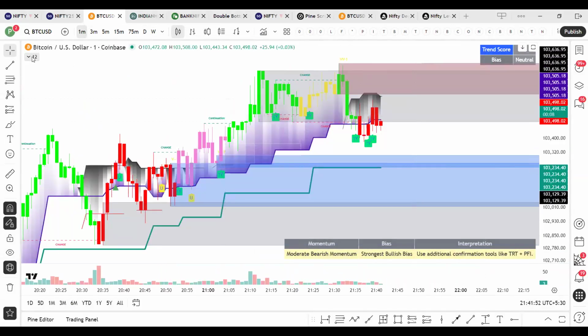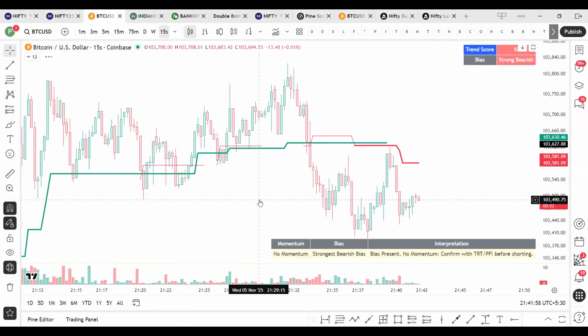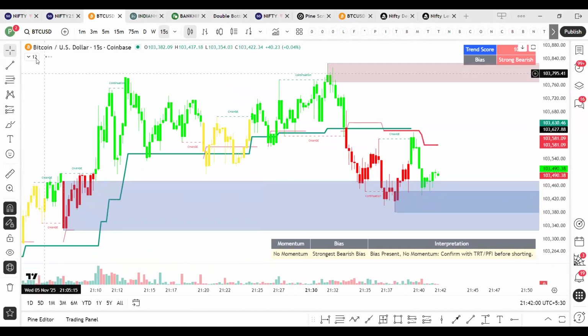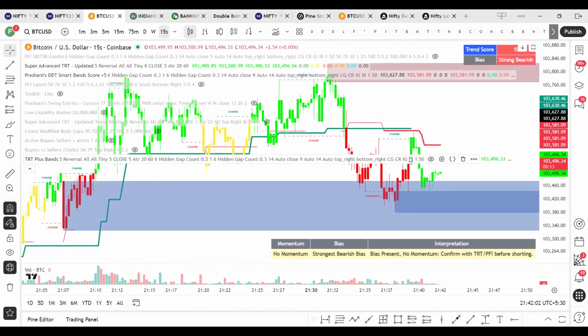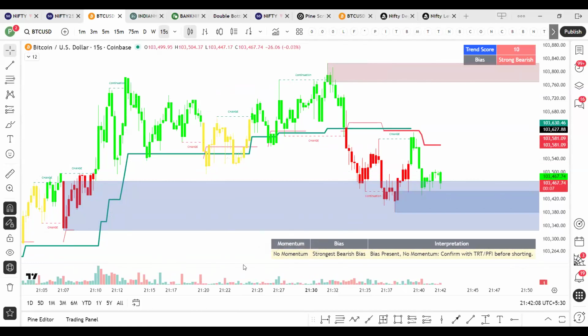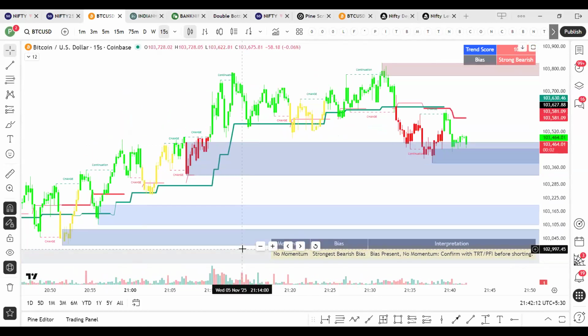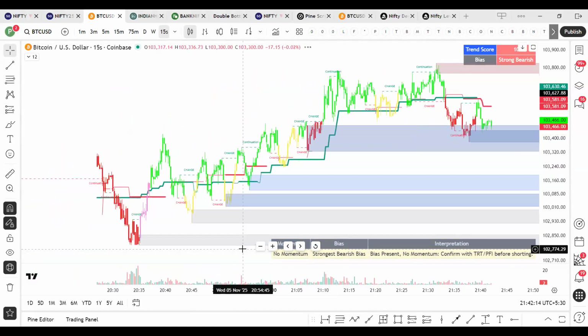Okay, this is the BTC USD chart. It is live now. I will make it a 15-minute chart, and we will use this indicator. Now, if there is some signal, then it will appear. It will take some time, but I will tell you what happens.